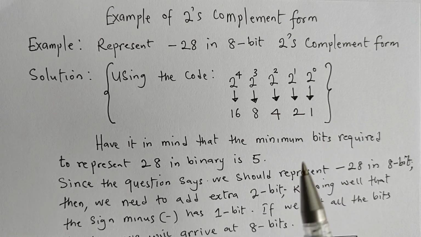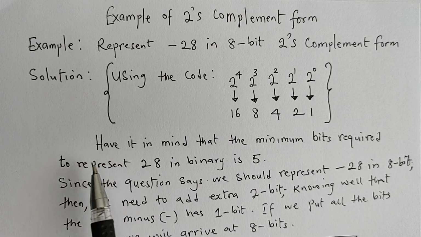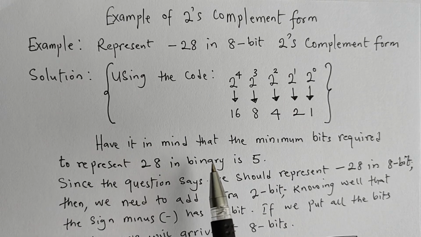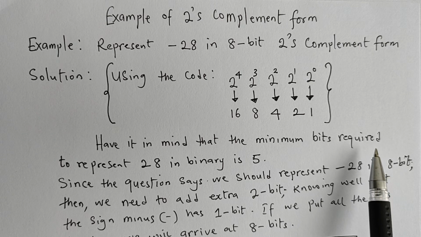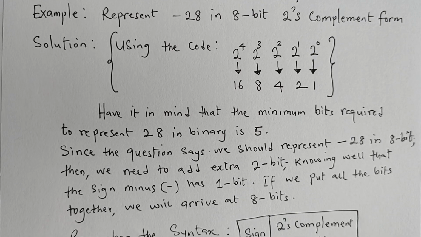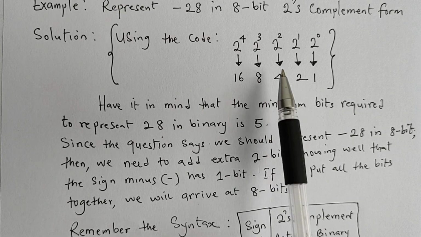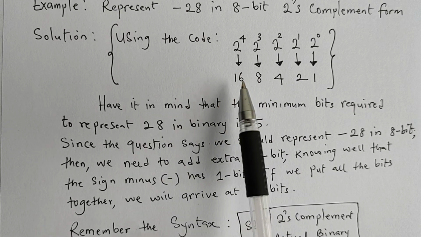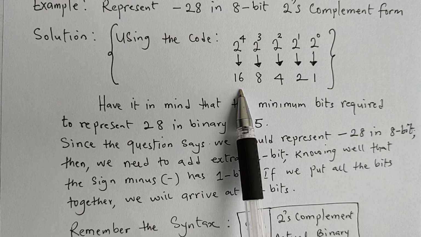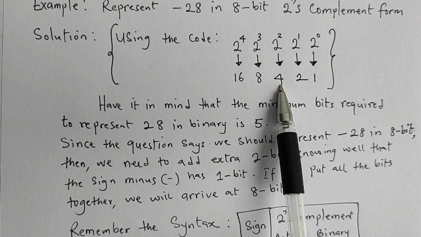So with this direct method, have it in mind that the minimum number of bits required to represent 28 in binary is 5. You need to know this. If you're wondering how it is 5, to represent 28 you consider 16, 8, and 4.